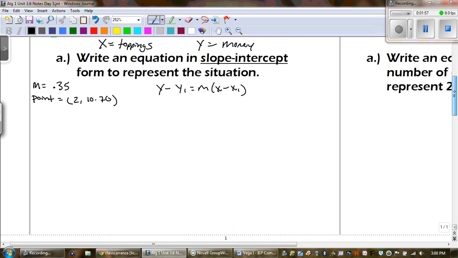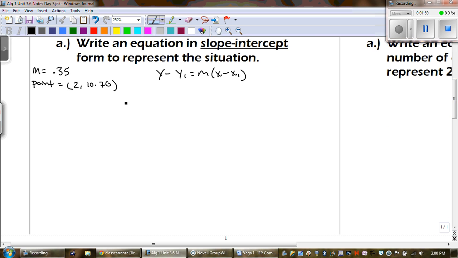Anyways, we have to plug into point-slope. So my y is 10.70, and that's going to equal 0.35 times (x minus 2). Okay?